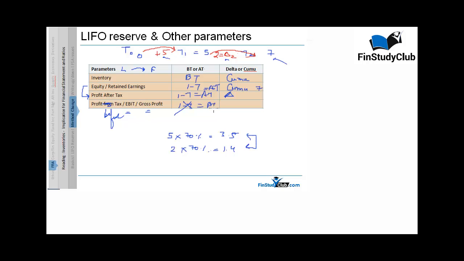It is going to be before tax because we haven't reached the stage at which the tax payment is being done. And again, since it's a delta figure, I would take it at delta amount. So this is a very, very important table which can be used to convert a LIFO parameter into FIFO parameter on the two fronts, which is whether you got to take it before tax or after tax, or you got to take it delta or cumulative.